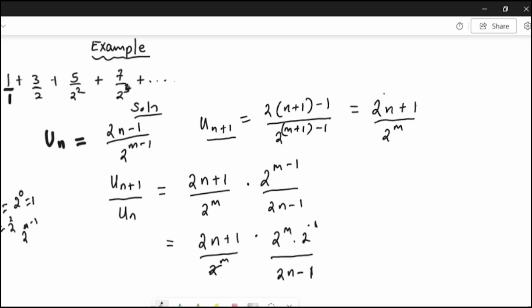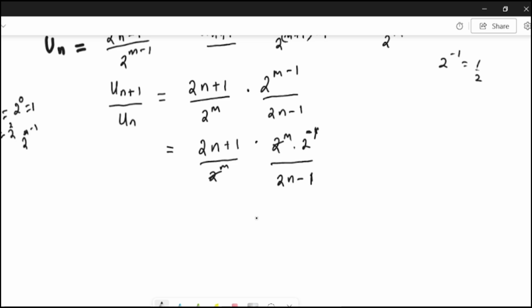So the 2m and the 2m are going to cancel. And now this is minus 1. It's 2 to power negative 1, which is the same as a half.